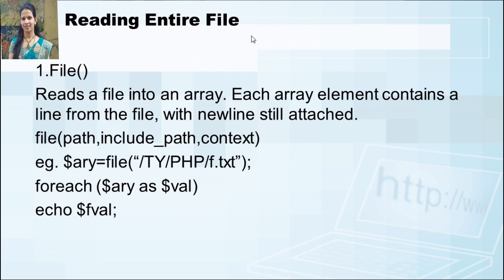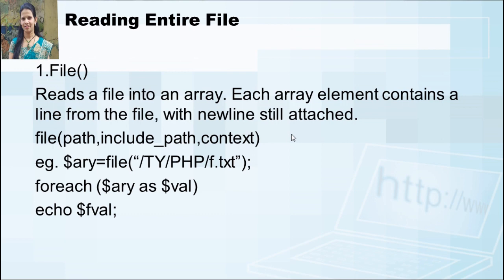Reading entire file. For this we will use the first function, file. It reads a file into an array. Each array element contains a line from the file, with the newline still attached. Here we are using the function file, and it reads the file into an array.